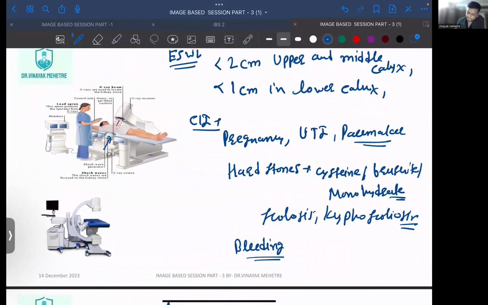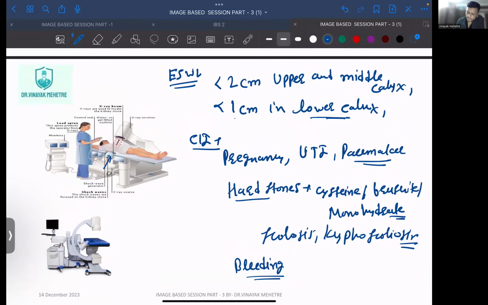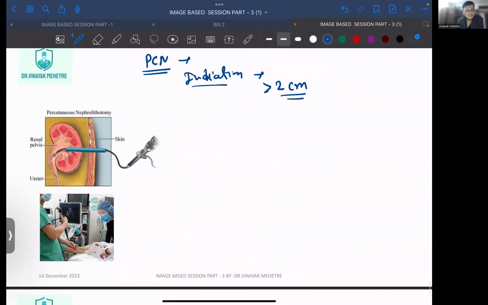What was in contraindication? Hard stone. This one also will be removed by that one, right? In the lower calyx, how much can we remove? Only 1 centimeter. So lower calyceal stone which is more than 1 centimeter will also be removed.